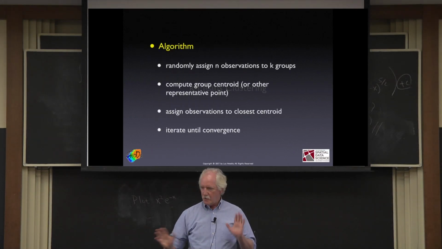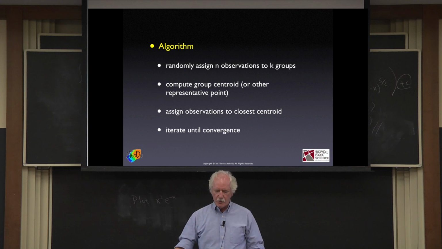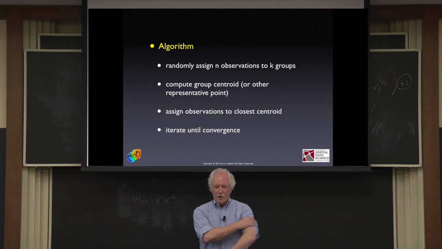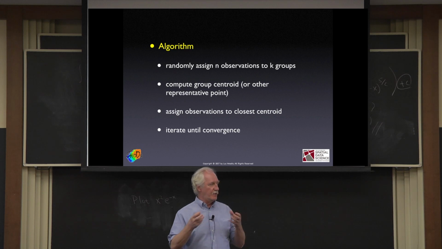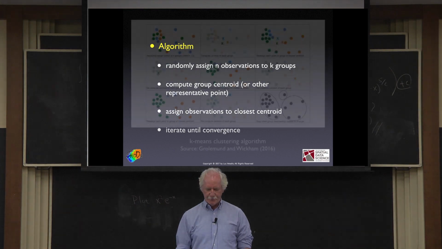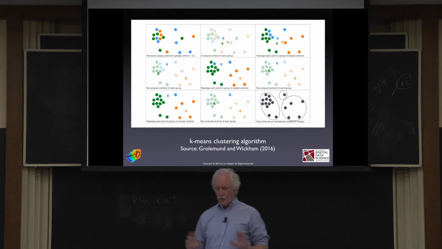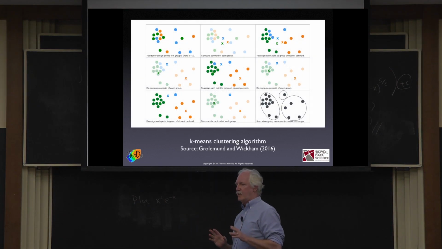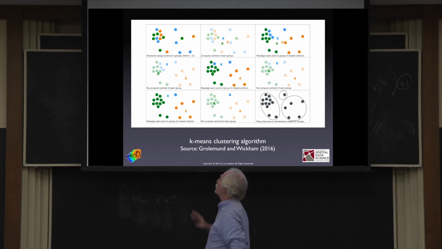K-means is another way to approach this. As I said, we start with a random assignment and then improve it. And we use heuristics to improve this. Again, in a nutshell, right? This is actually much more complicated than it's shown on this picture. But you randomly assign 3 colors. Then you find the centroid in each of the colors.